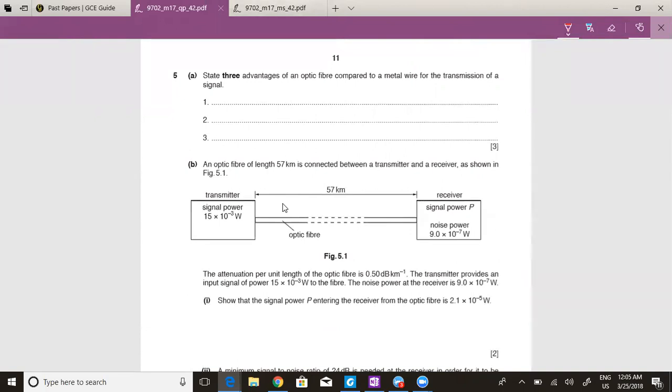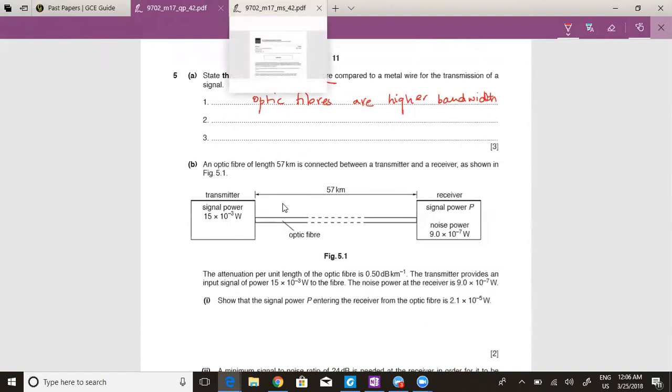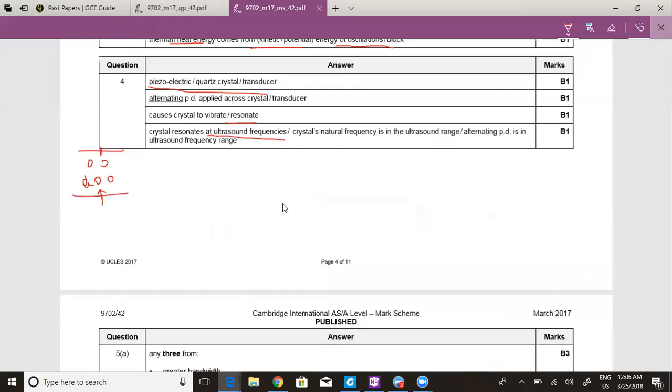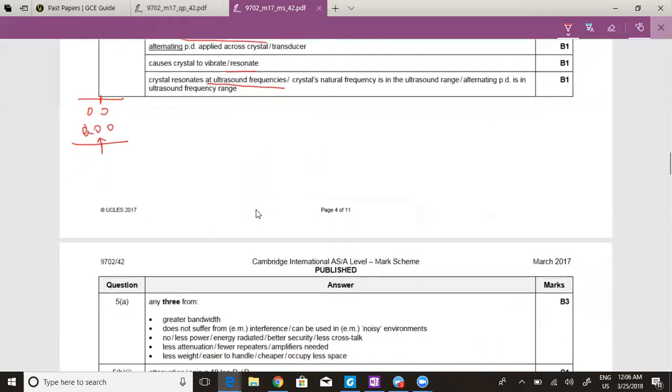Yeah, sorry. State three advantages of an optical fiber compared to a metal wire for the transmission of a signal. Always remember, optic fibers have higher bandwidth. It serves multiple people, multiple communication channels.